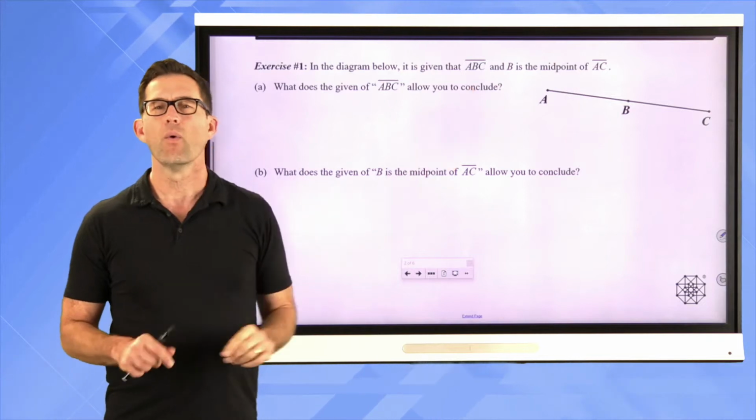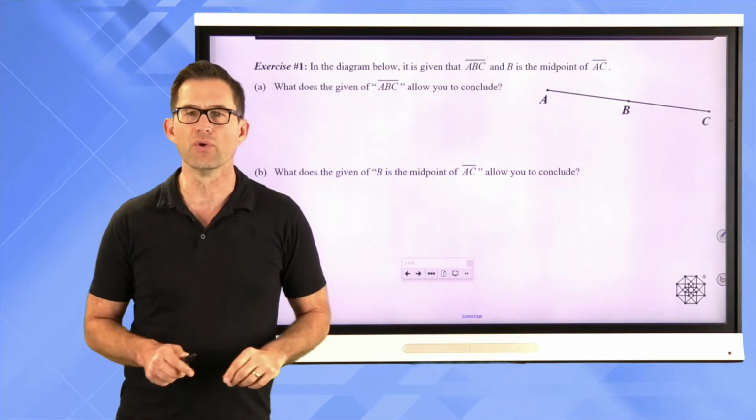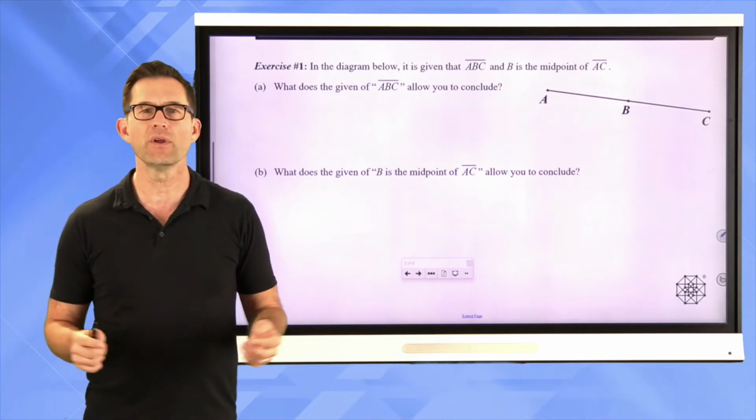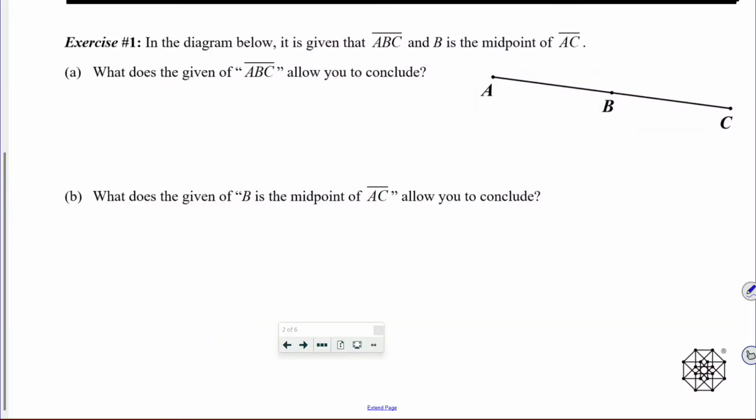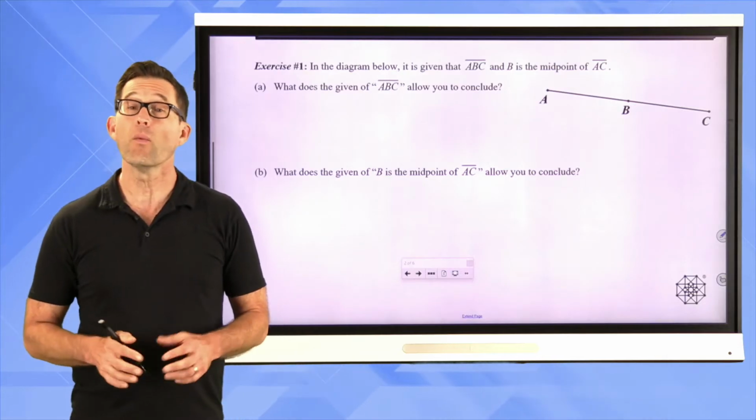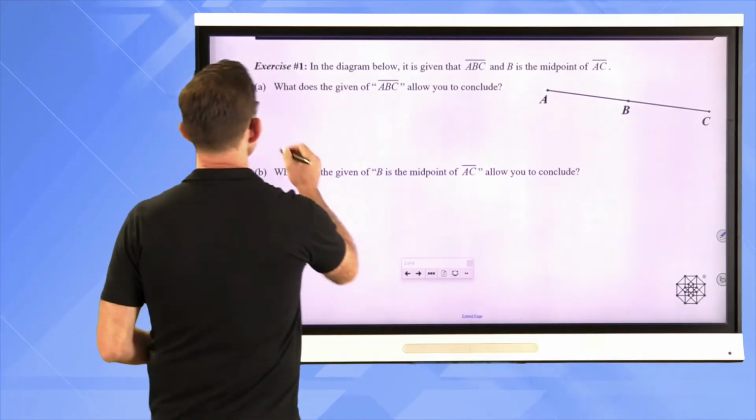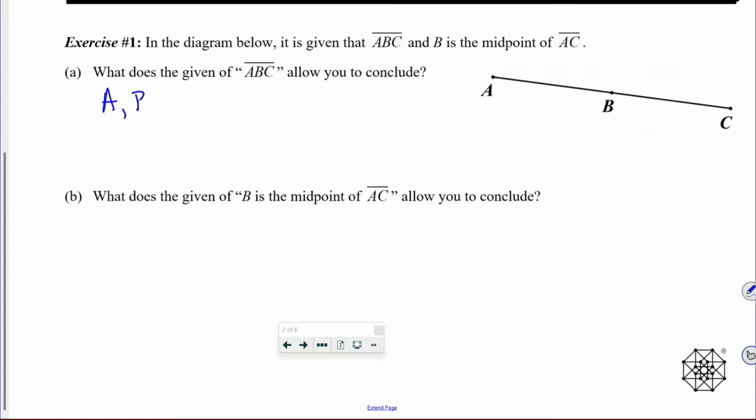What does that allow us to conclude? Pause the video now and see what you can write down. Well, what it tells us is that A, B, and C are collinear.